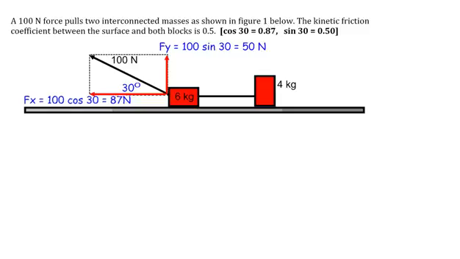Okay, now in order to find the other forces, the friction forces acting while this is being dragged along, we need to utilize the kinetic friction coefficient of 0.5. So the friction force Fk equals mu kinetic times the normal reaction force.